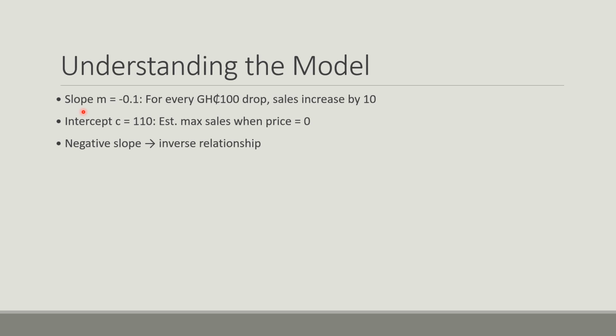The slope of the model, m, is equal to negative 0.1. What is the meaning of the slope? That is a constant rate of change happening to the price and the number of sales. So this slope is telling us that anytime there is a 100 Ghana cedi drop in the price of the phone, we will increase the sales by 10.